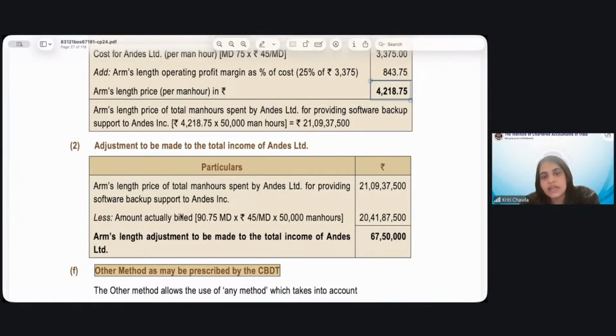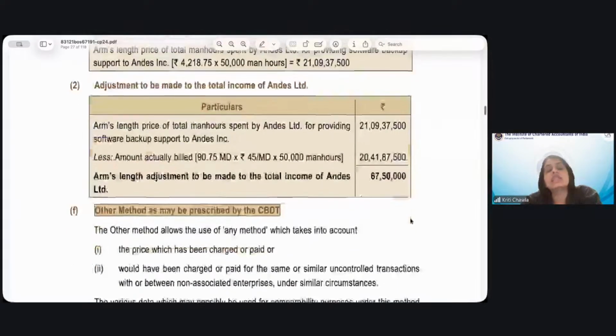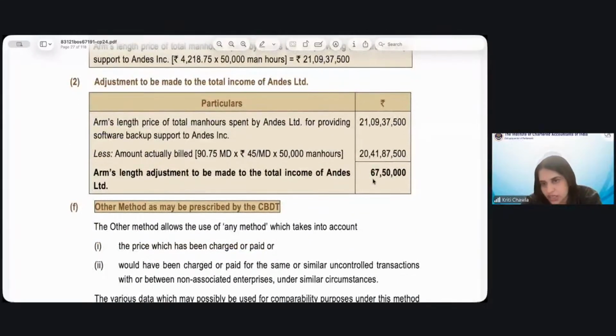500, but less the amount which is actually billed, which is 20. So this is the adjustment which is made to the total income, which is 67 lakh 50,000. This is the adjustment that should be made to the income of Andes Limited. So this is how you need to target a question which deals with the TNMM method.